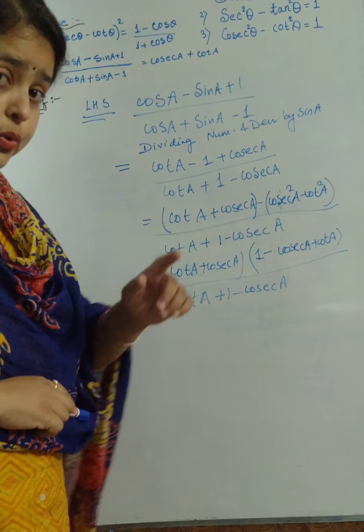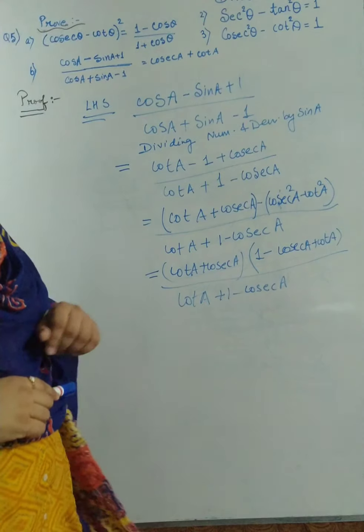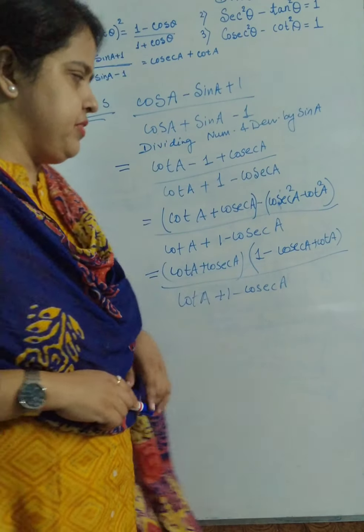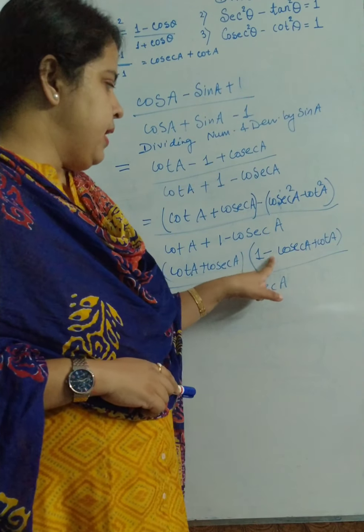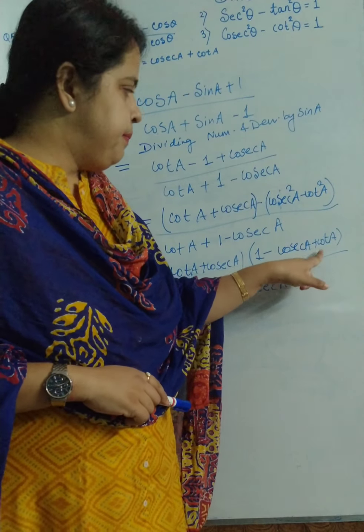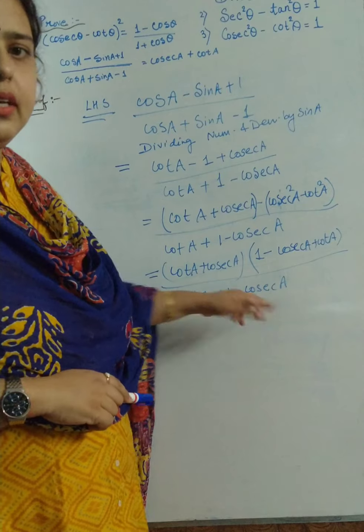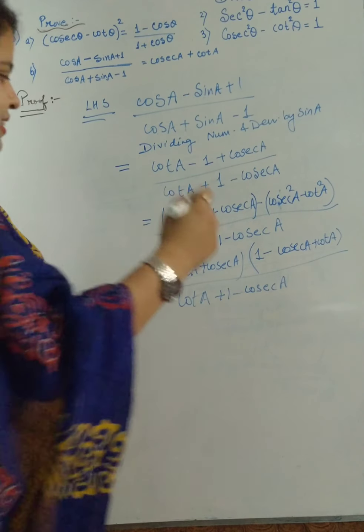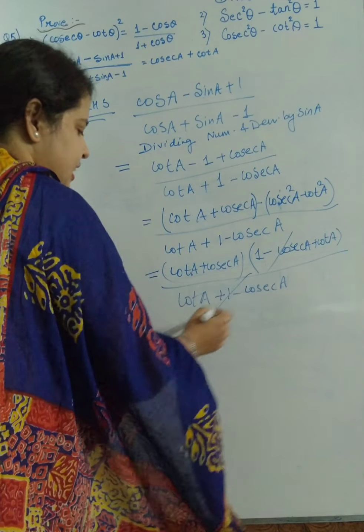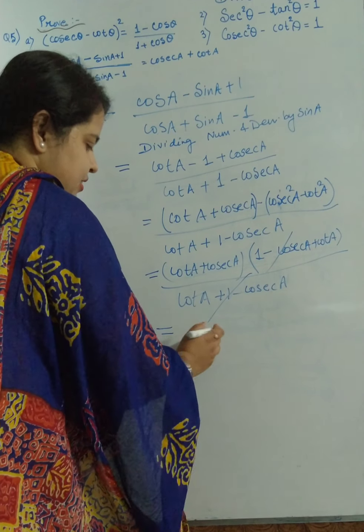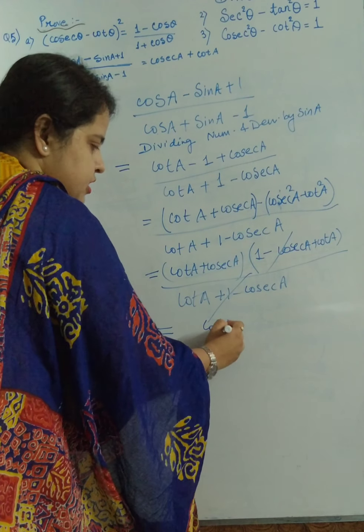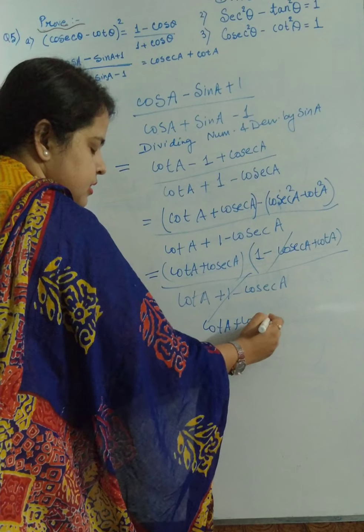They are the same. You need to observe this: 1 minus cosec A plus cot A, 1 minus cosec A plus cot A. Let's cancel. And after cancellation, see, I got the RHS part.